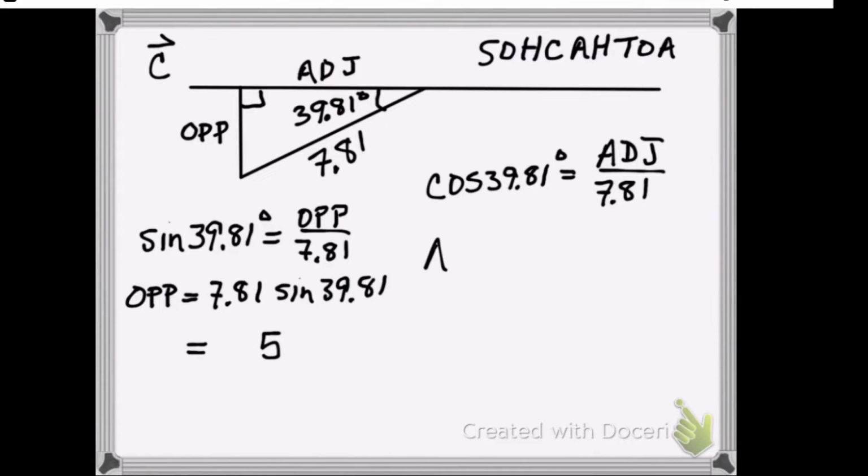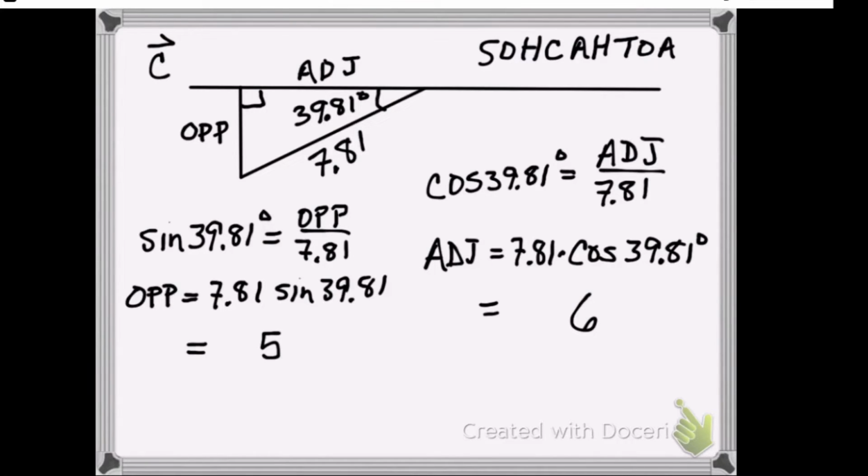So now we multiply both sides of this equation by 7.81, and we get that the adjacent is equal to 7.81 multiplied by the cosine of 39.81 degrees. And we multiply that on our calculator again. So 7.81 multiplied by the cosine of 39.81. And we get 5.9999, which rounds off to 6.